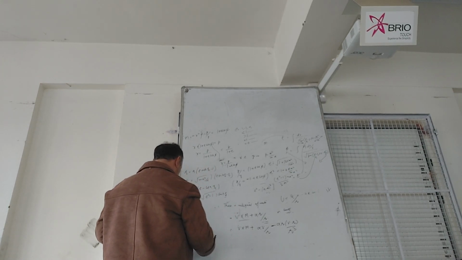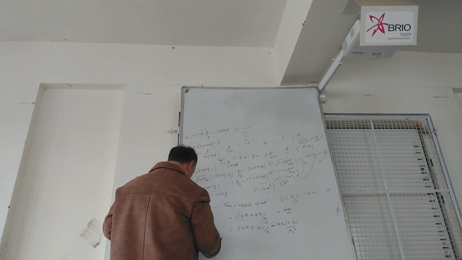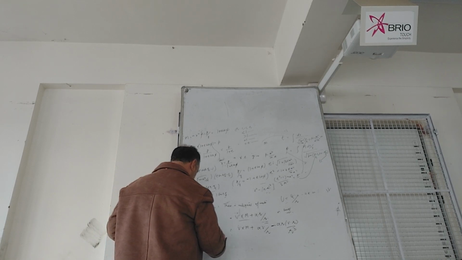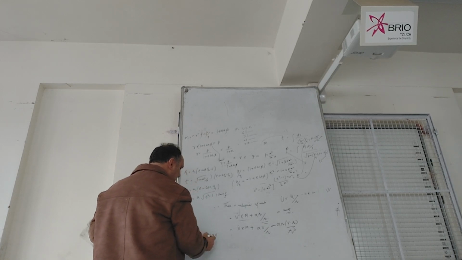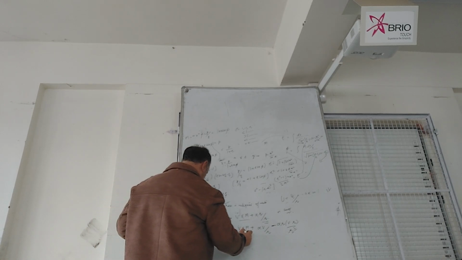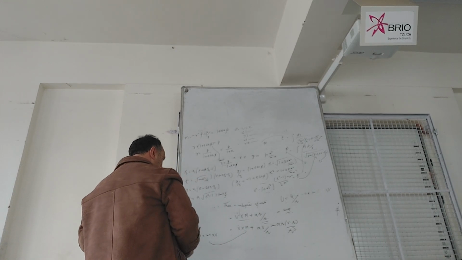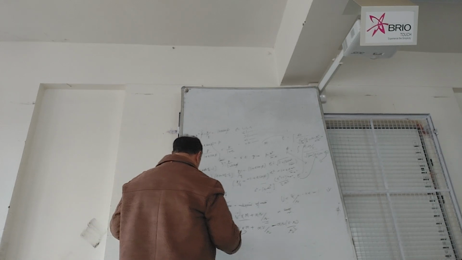Since M is equal to m r cross v, if you substitute M with r cross v here, we have 4 terms.